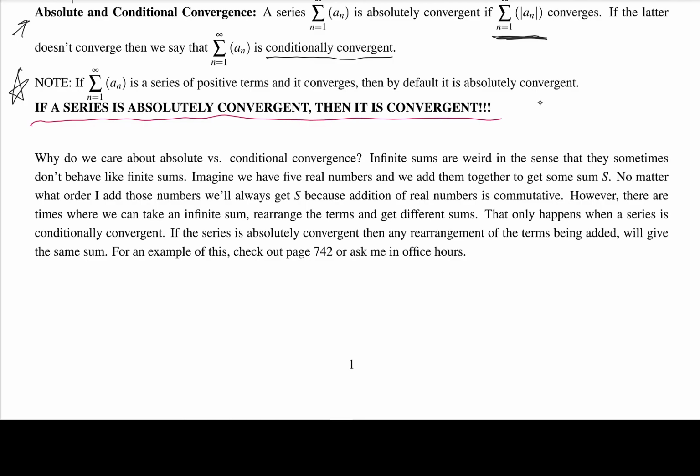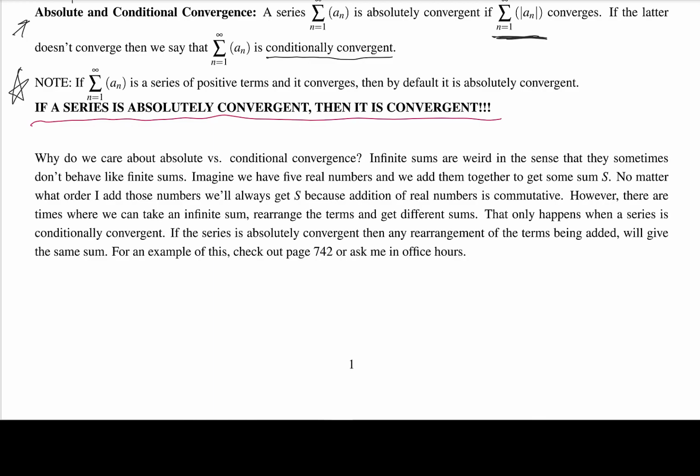So imagine you have 5 real numbers, something like 1, 2, 3, 4, and 5. If I add them together, 1 plus 2 plus 3 plus 4 plus 5, we would get 15. And no matter how I add those numbers together, I can rearrange them. I could do 2 plus 3 plus 1 plus 4 plus 5. No matter how I rearrange those, I'm always going to get 15. This is because the addition of real numbers is commutative.